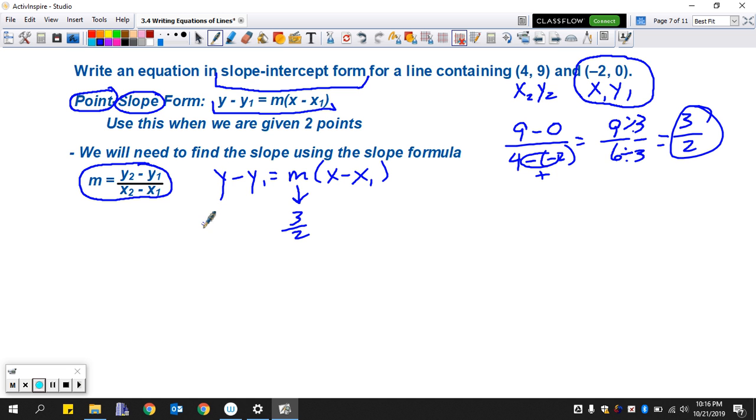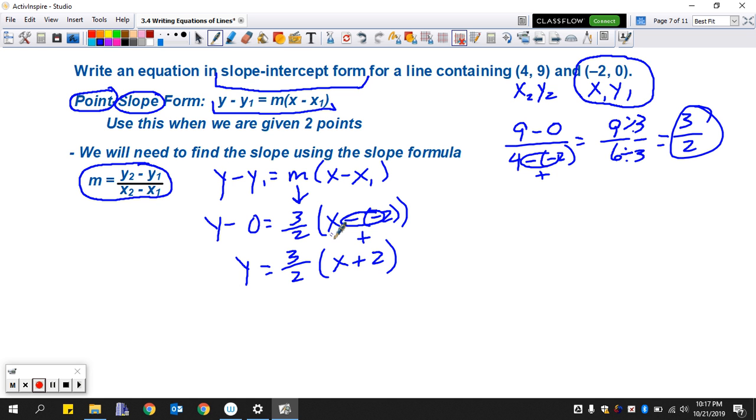Then we have y minus y1, which is 0, is equal to 3 over 2 times x minus -2. Once again, the double negative turns it into x plus 2. So we can simplify y minus 0 to just y is equal to 3 over 2 times x plus 2.